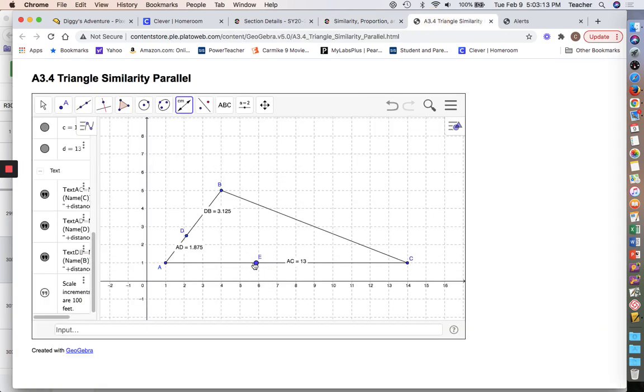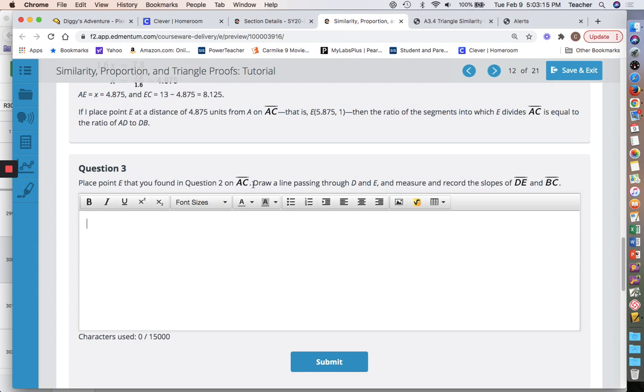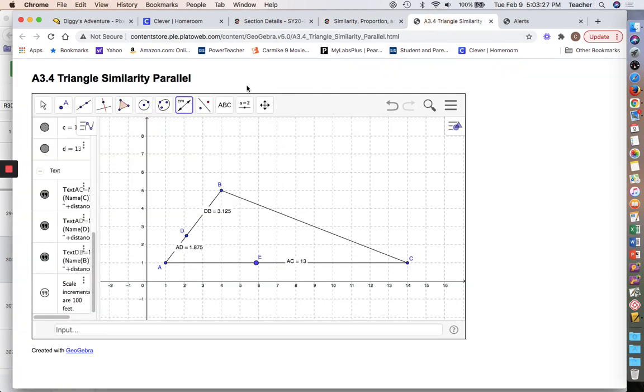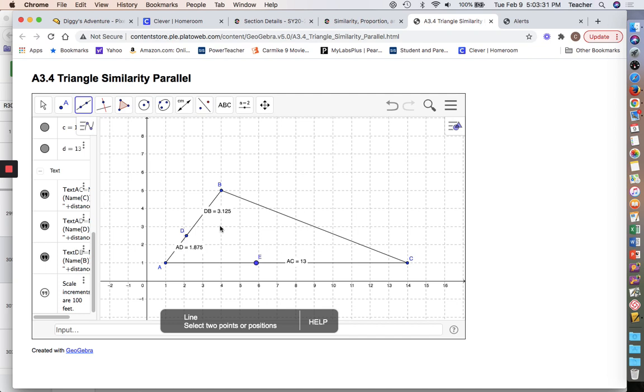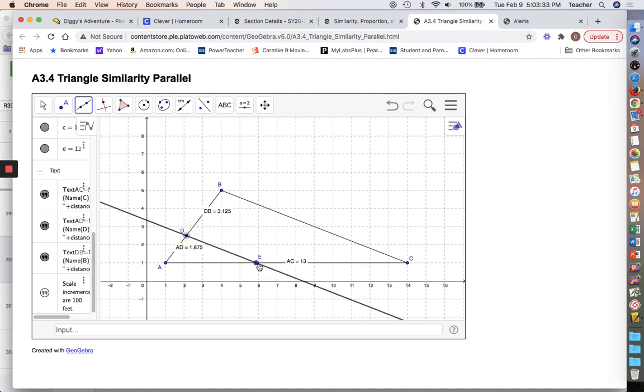Okay, remember, there's E right there. Draw a line passing through D and E, and measure and record the slopes. Okay, so I need to draw a line passing through DE. Okay, well, my line is up here. And I need to draw a line through DE, so I'm going to click on D, then E. So there's my line.